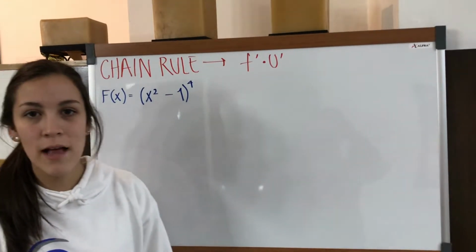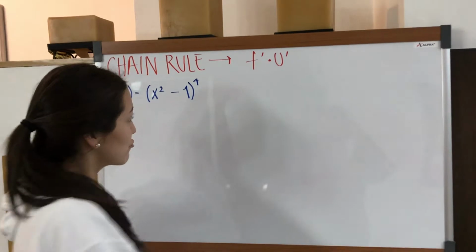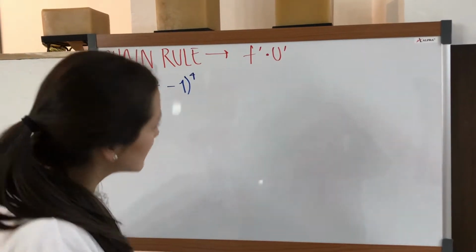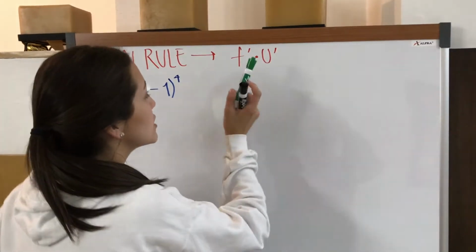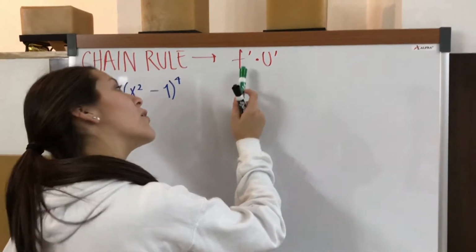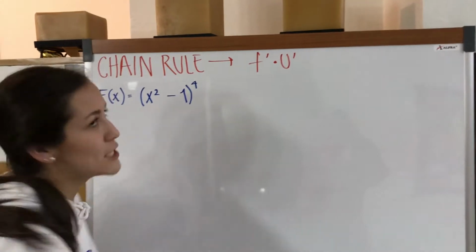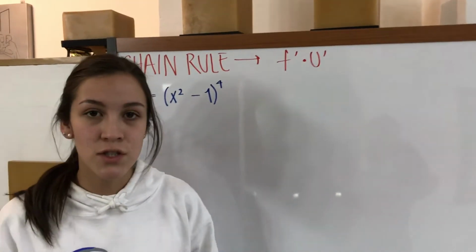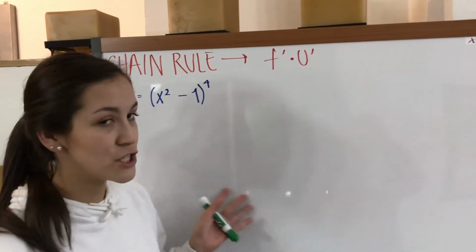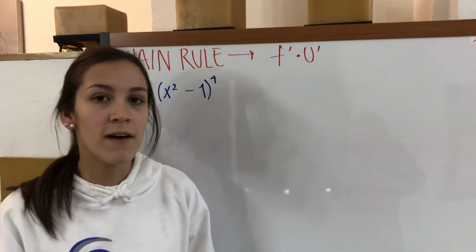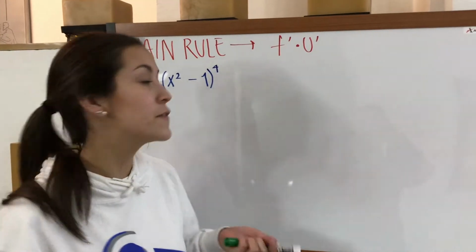The last rule I will show you is the chain rule, and this rule tells us that you have to multiply the derivative of f times the derivative of u. The chain rule is used to solve composed functions, and you have to identify which function is inside the other function.